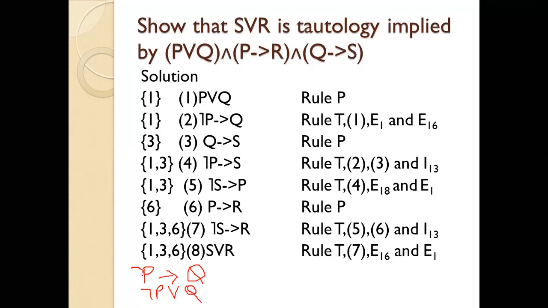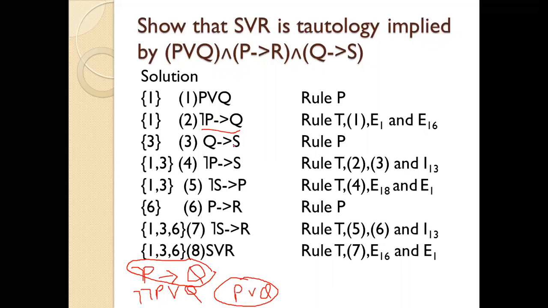If I put negation over here, then one more negation over here, both the negations cancel and we're left with P or Q. So this is equivalent to this and this is equivalent to this. So when you have P or Q, it can also be written as negation P implies Q. Negation P implies Q. Okay.